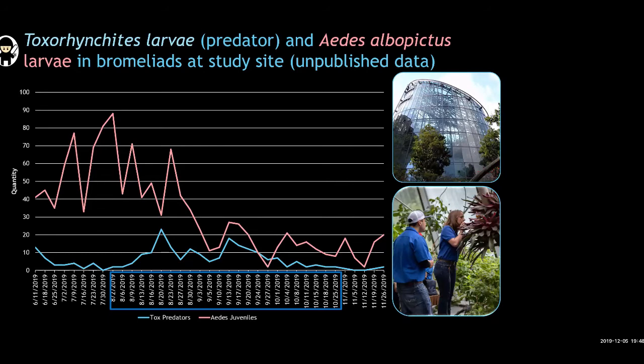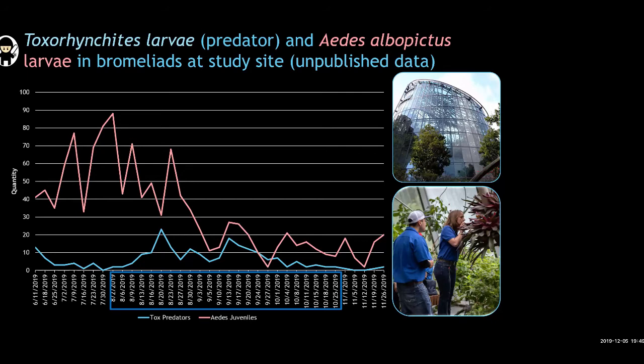And what you see on the graph are actually larval numbers of overlapping larvae of Toxorhynchites larvae that were found in bromeliads. And here you see me in the bottom right picture peering into a bromeliad and taking samples. Toxorhynchites larvae found in those bromeliads overlapping with Aedes albopictus that have found their way into the Cockrell Butterfly Center.